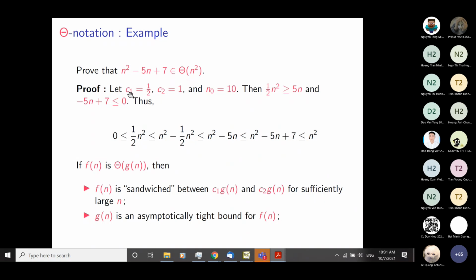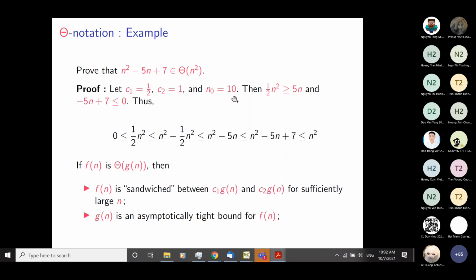Now that we have satisfied the lower bound, we have found C1 and N0 that make this function smaller than G1, Gn. We need to find another constant C2 that works with N0 equal to 10.